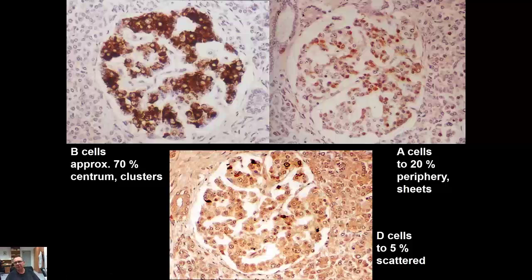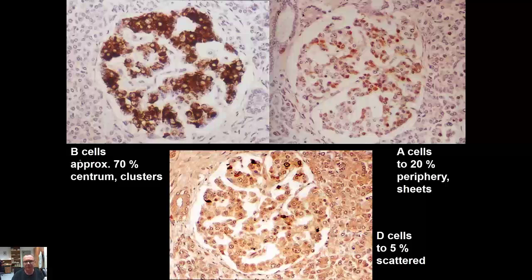If you use immunohistochemistry, you can find more cell types. It was discovered that there are 4 main types in the islet of pancreas or islet of Langerhans, and several less frequent minor cell populations, but 4 main cell populations. The most frequent cells of the pancreatic islets are B cells, or beta cells.